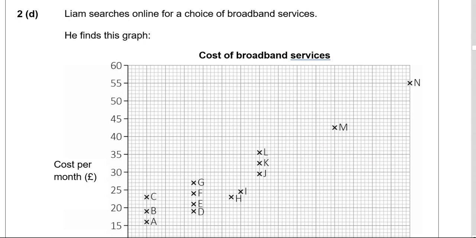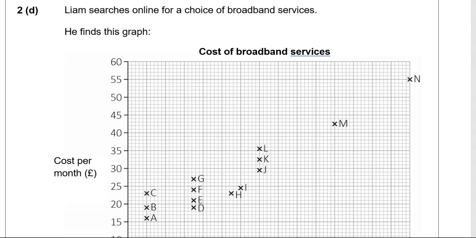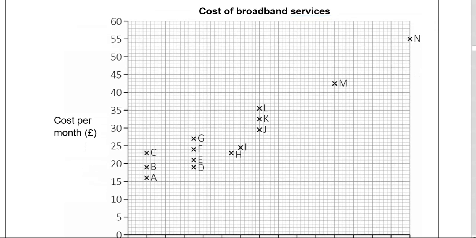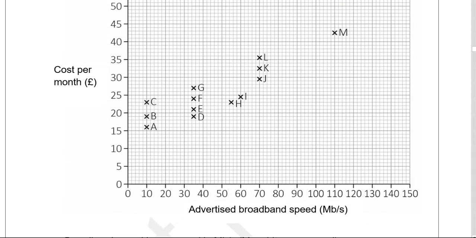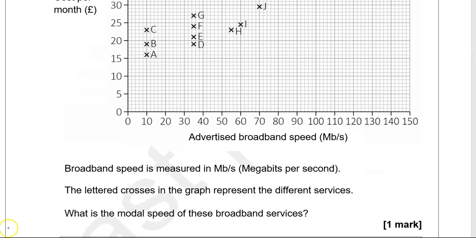Liam searches online for a choice of broadband services. He finds this graph. Cost of broadband services, advertised broadband speed. Broadband speed is measured in megabits per second. The lettered crosses in the graph represent the different services. What is the modal speed of these broadband services?